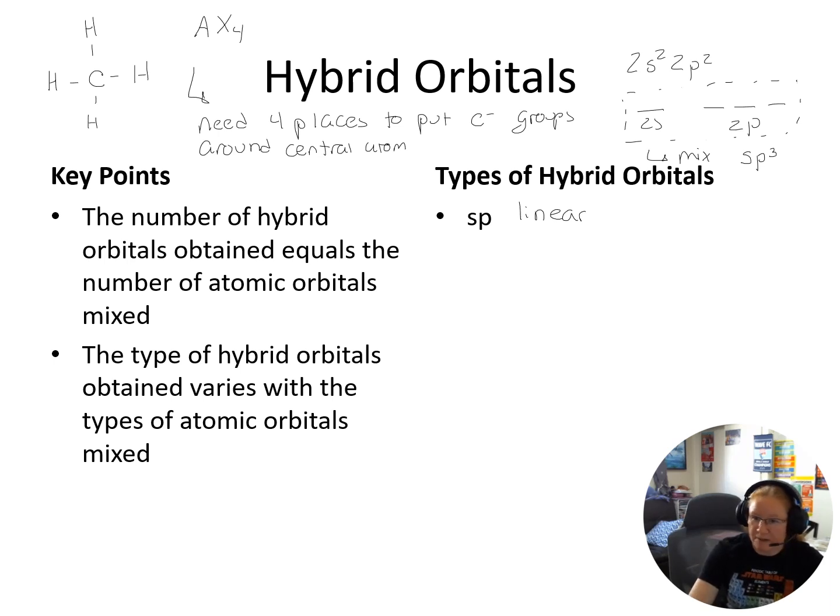When I have trigonal planar, I need 3 places to put things, so I pull that s orbital and 2 of the p orbitals. For our tetrahedral situations, we need 4 places, so I pull the s and all 3 of those p's.